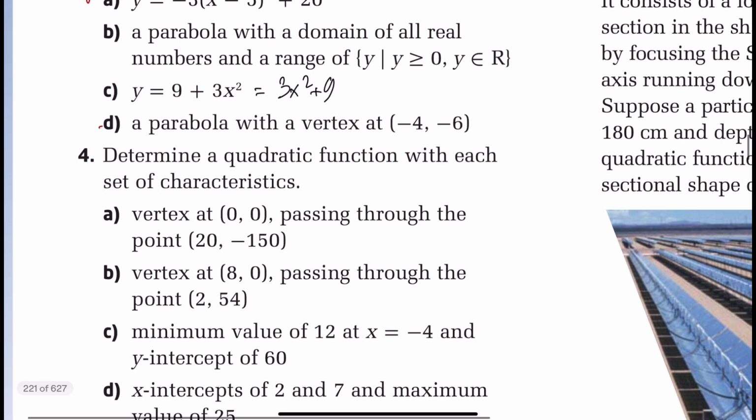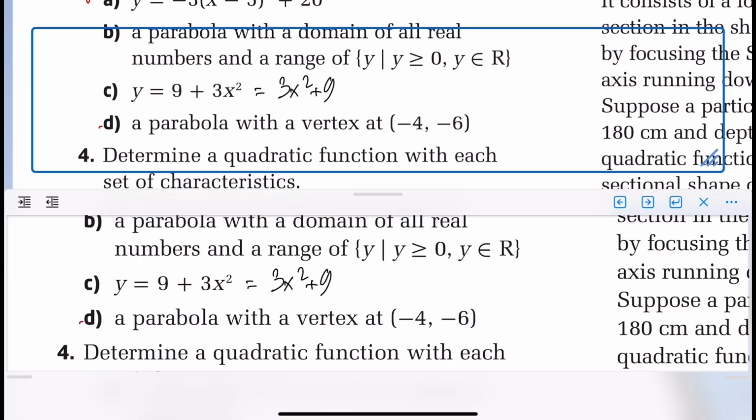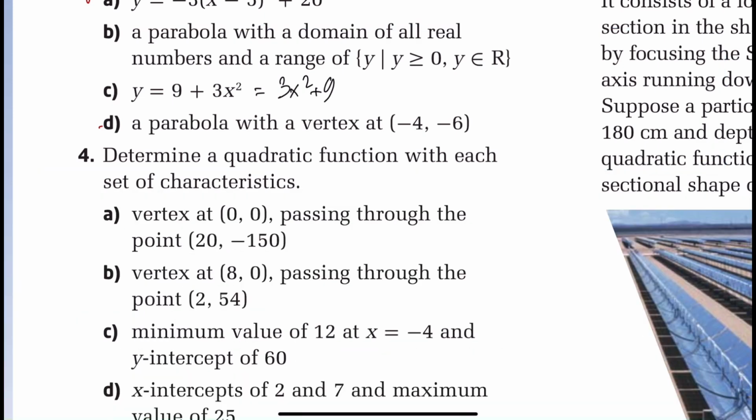So for question 4, determine a quadratic function for each of the sets of characteristics. So they are giving us points. So we have the vertex as (0, 0), and we have points. So the first thing I should write here is, my P is equal to what?